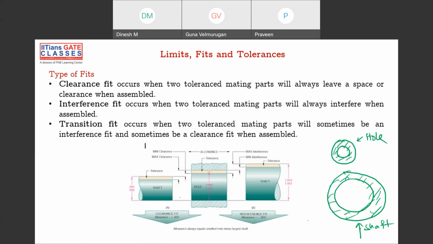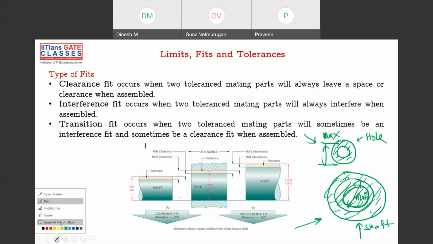Now take any dimension of shaft and any dimension of hole. Will the shaft fit in the hole? No. Why? Because if you take the maximum hole size and minimum shaft size, it won't fit, because a bigger shaft and smaller hole can't fit and will interfere.